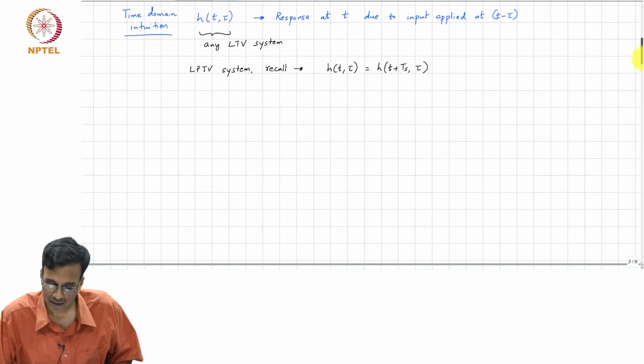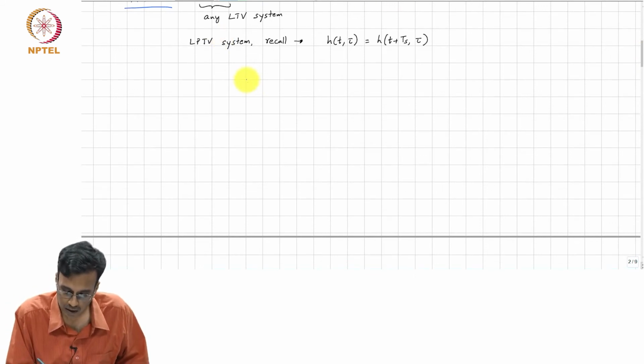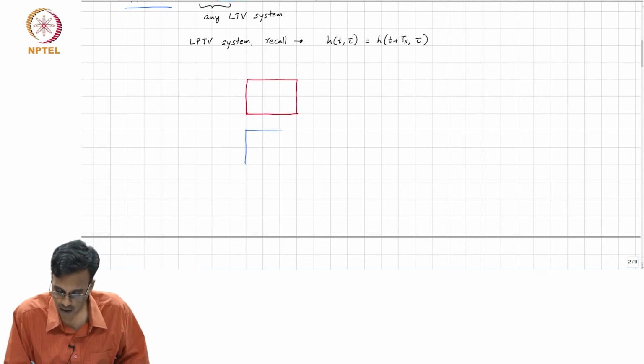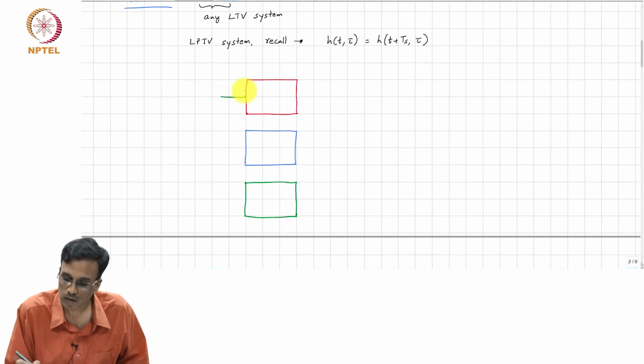Now, let us take this composite system. I am going to just for visualization show them in different colors. Red, blue and green.